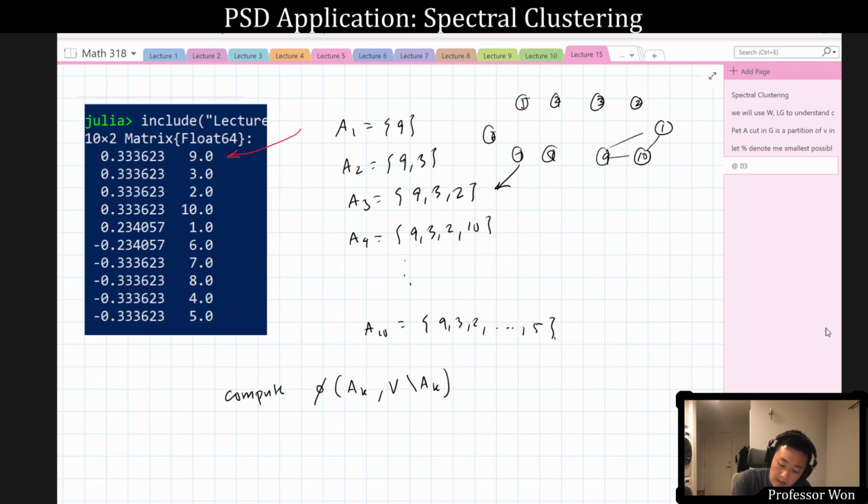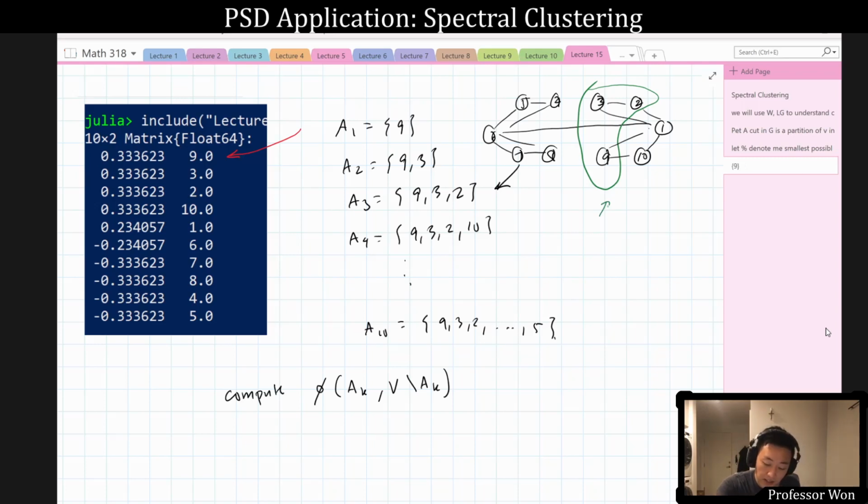It looks like this. So 9, 3, and 2 is the cluster it's telling me to take. Now, how many edges go from this set to the rest of the graph?